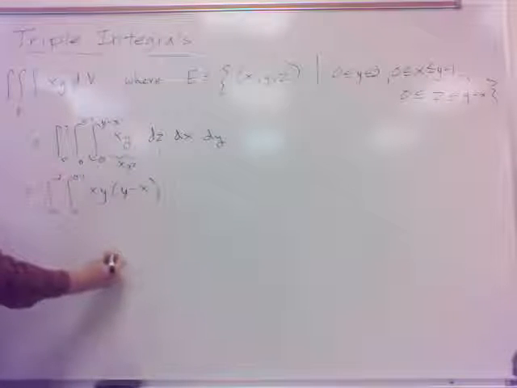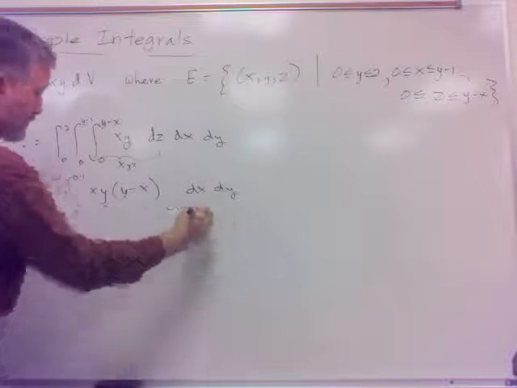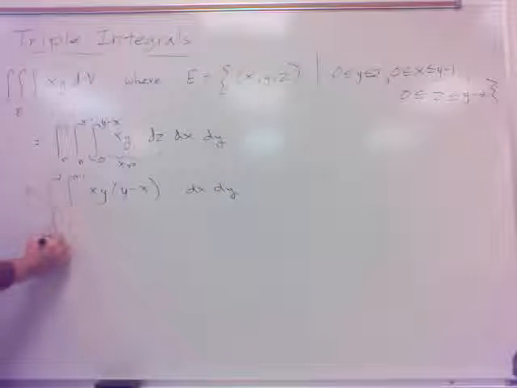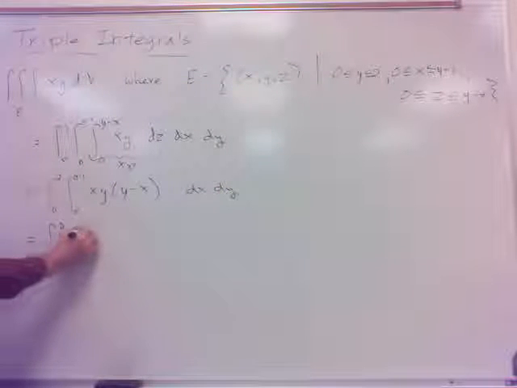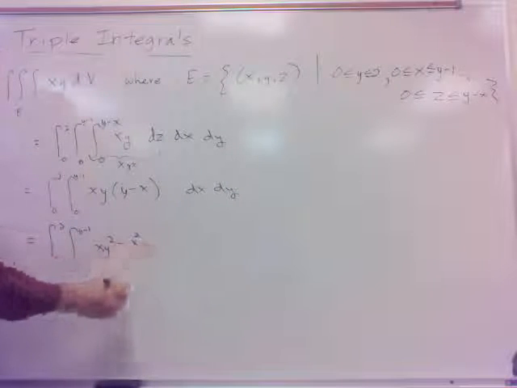All right? Go ahead and multiply that out: xy squared minus x squared y.